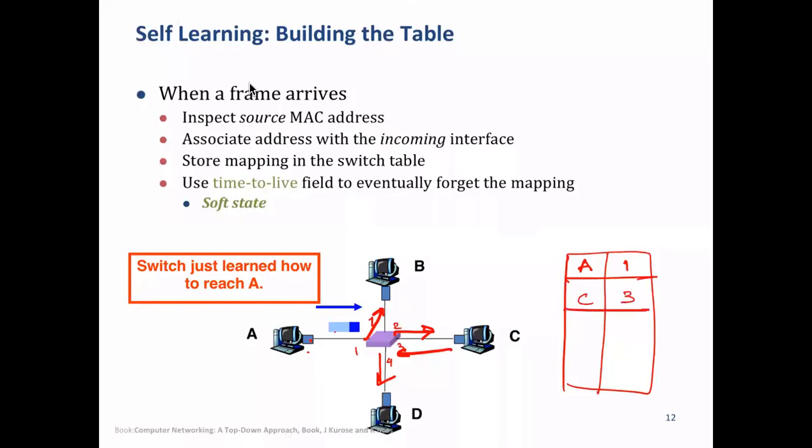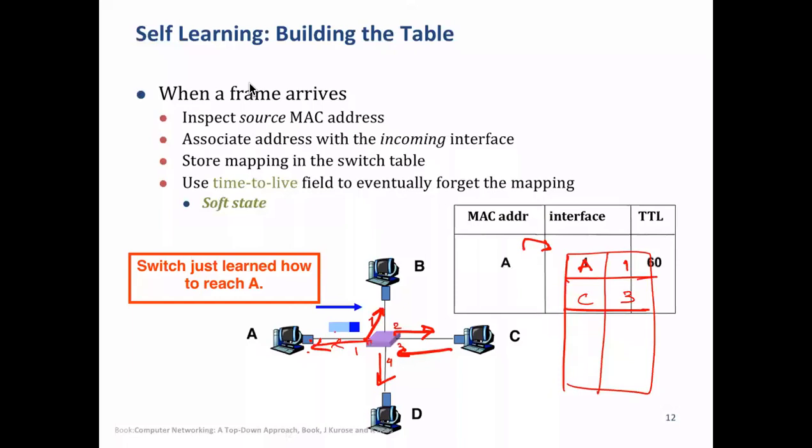Then it will look at the MAC address of A, search in the table, and once found, it forwards the frame on that port. We'll just send the frame to this port. So the protocol is very simple. Keep self-learning, and if you don't know where the destination is, just flood it.